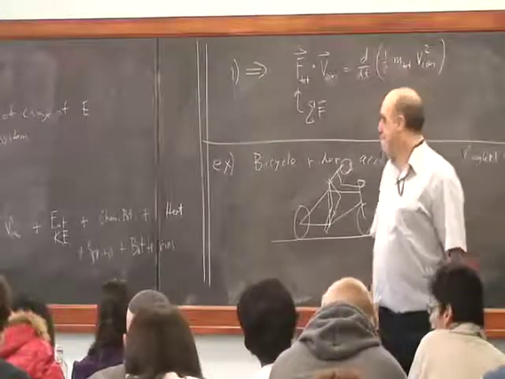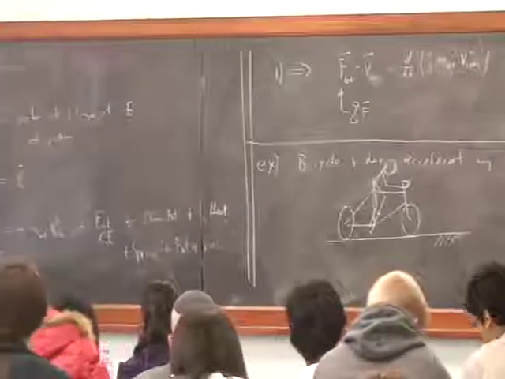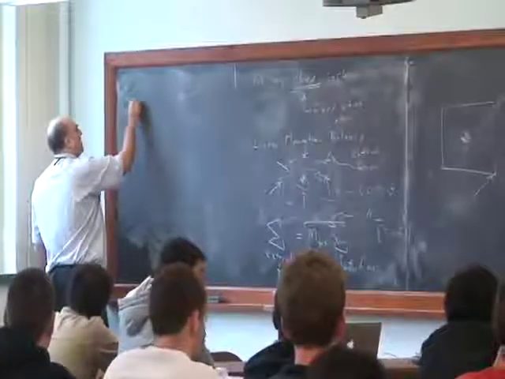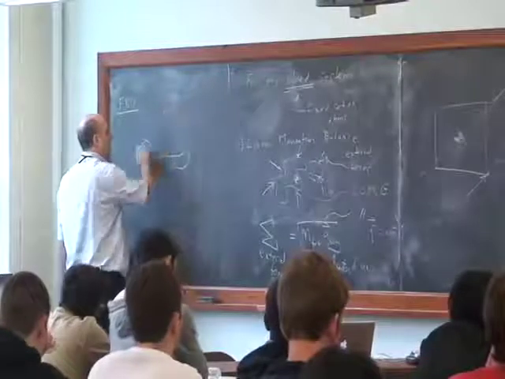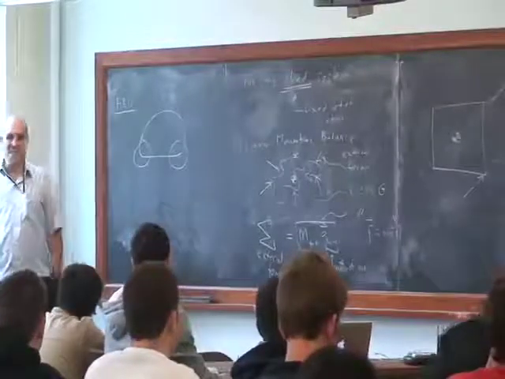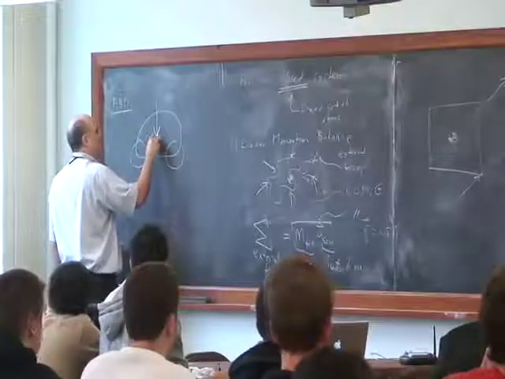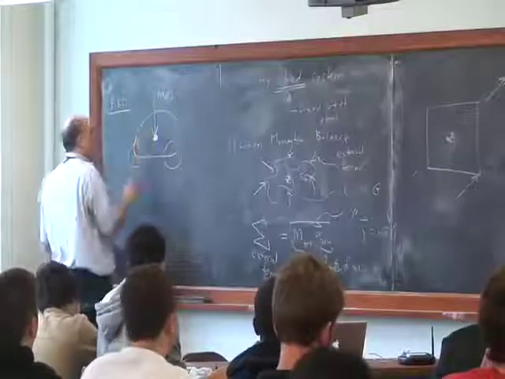Okay, now let's go back to this bicycle. If we draw a free body diagram of the bicycle, I'll just draw it as a blob like this. I don't need to get into the details. What forces do I have? Here's the center of mass of the bicycle and the rider, so I have the total mass times g on this.